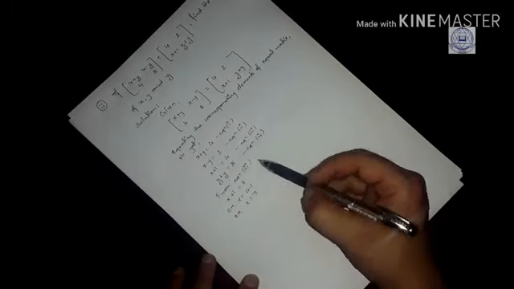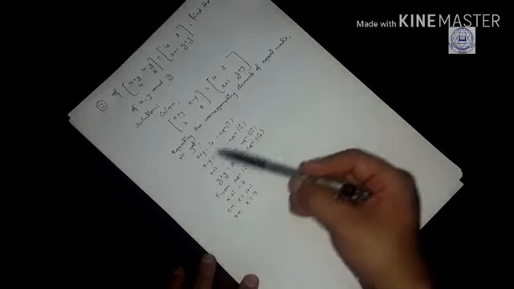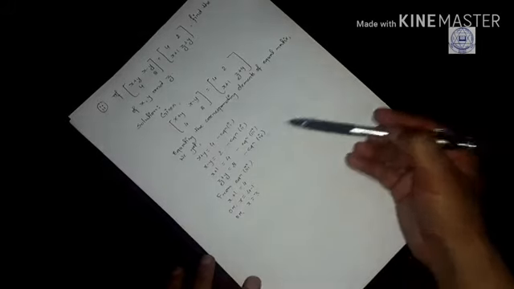So here I have got the value of x from equation 3. Now I am going to put the value of x in either equation number 1 or equation number 2. You can put it in any one.